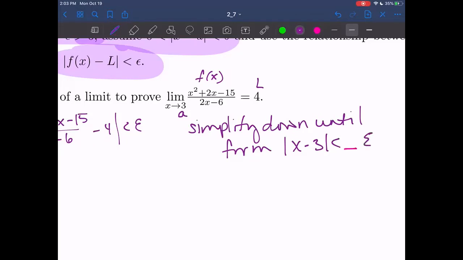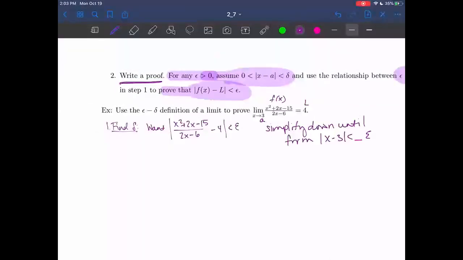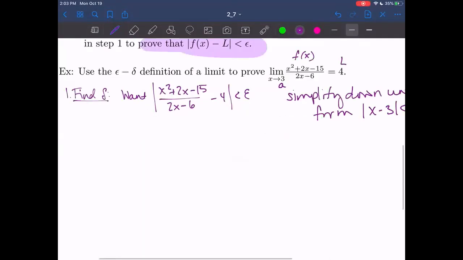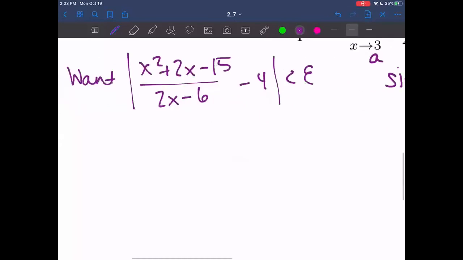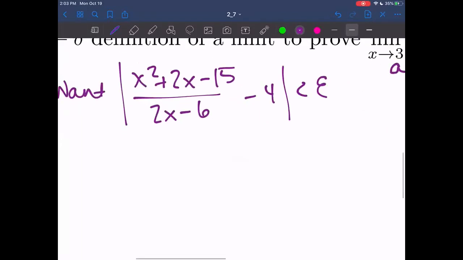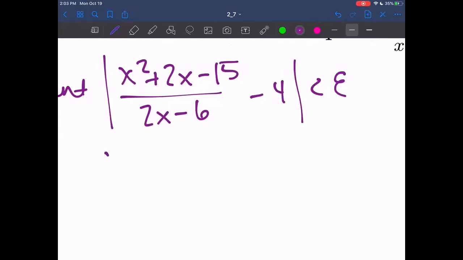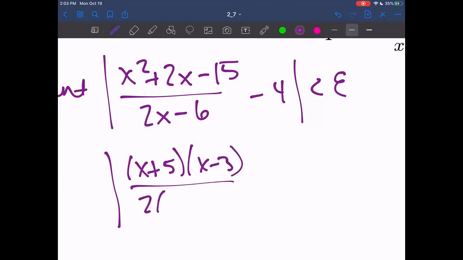Knowing that x minus 3 is our goal on the inside of our absolute value, we'll first factor and see what we can do. The numerator will factor into (x plus 5) times (x minus 3), and the denominator will factor into 2 times (x minus 3), minus 4, still less than epsilon.